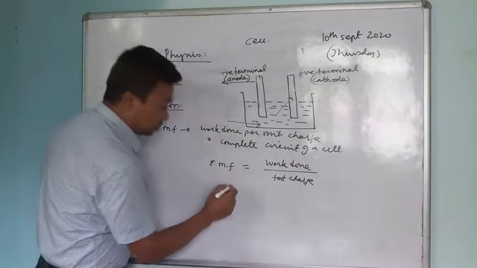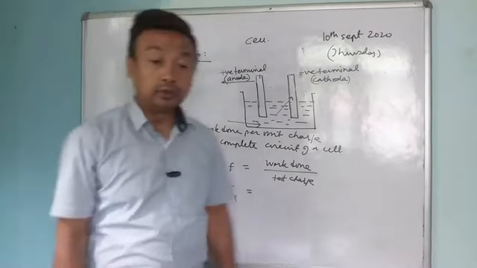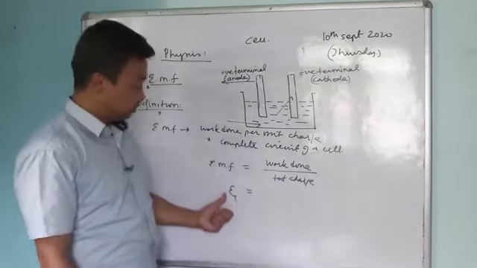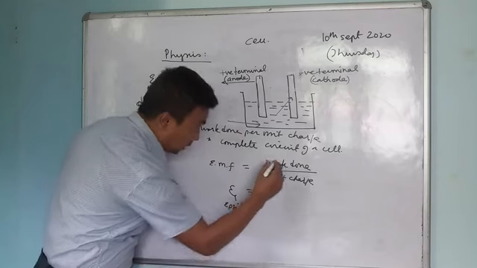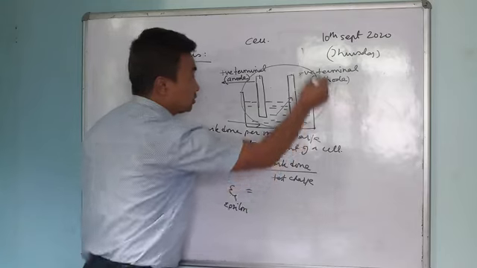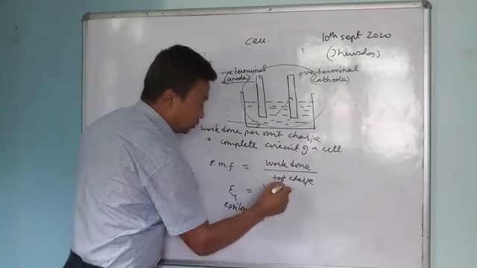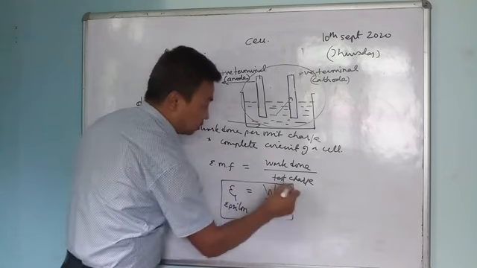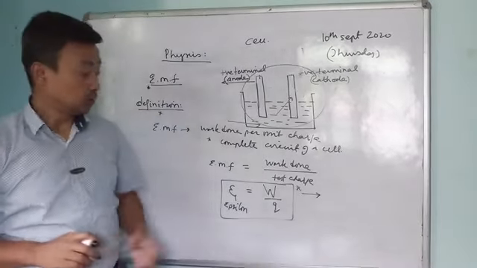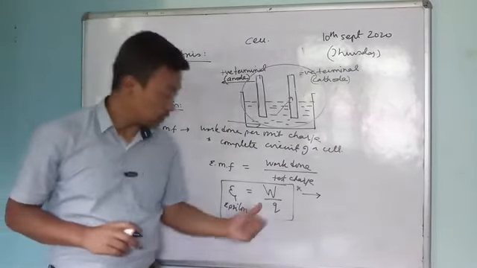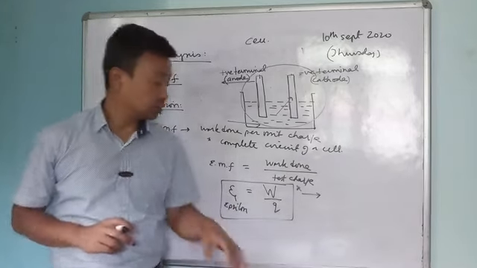So EMF is given by the symbol epsilon, and the work done across the complete circuit of the cell is given by W, and you are moving the charge. Suppose I take the charge to be small q. So this will be the first term, or the first definition, that is your EMF, electromotive force.